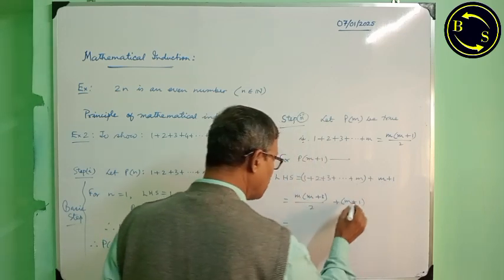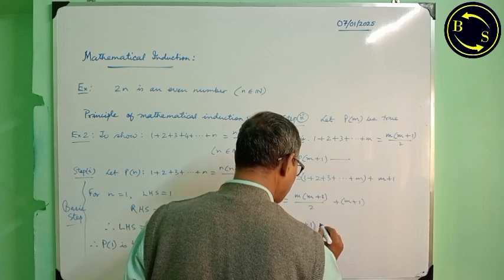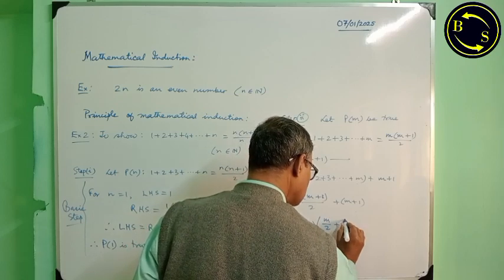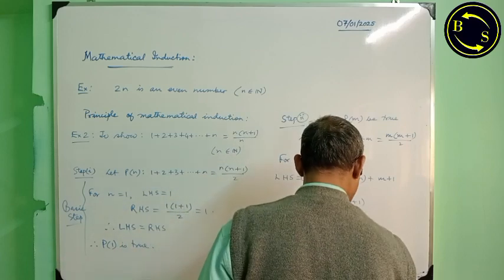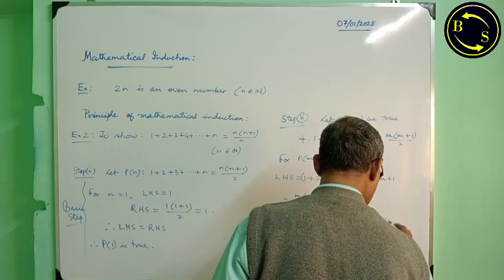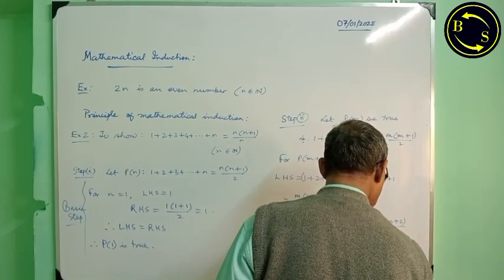Now to calculate this, m plus 1 is a common factor. m by 2 plus 1. That is equal to m plus 1 into m plus 2 by 2.